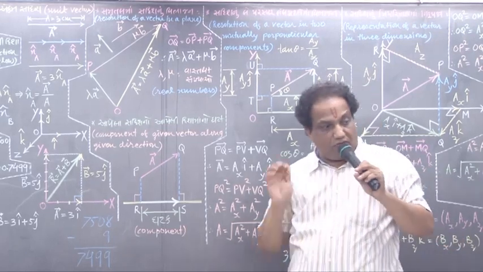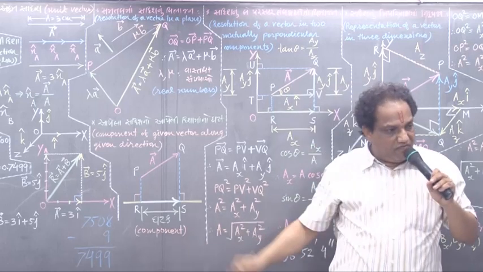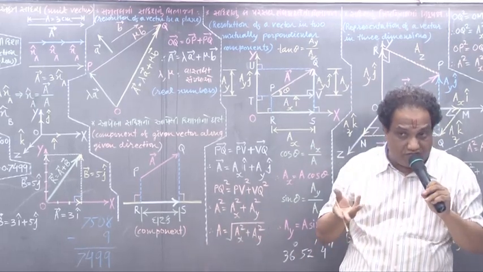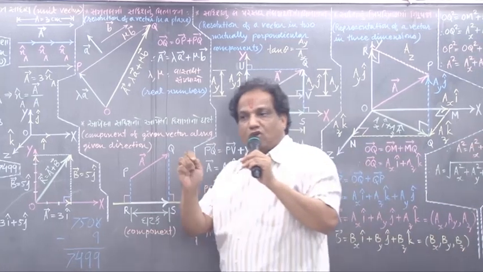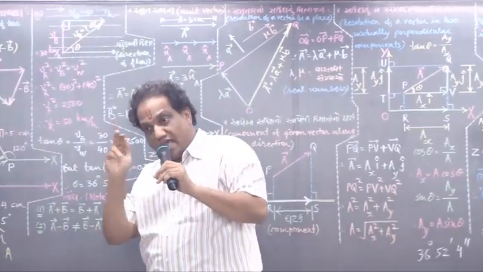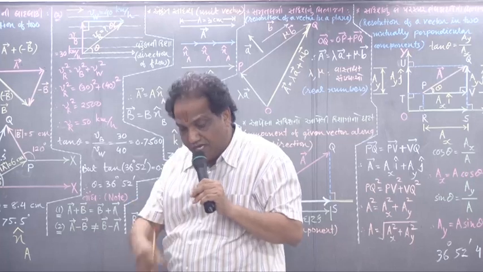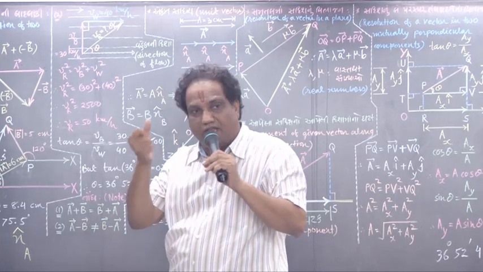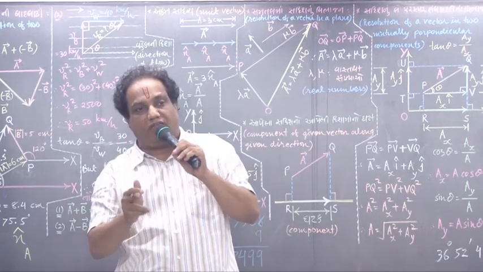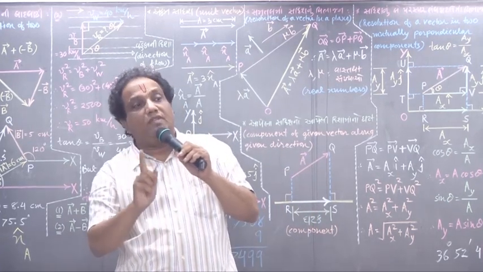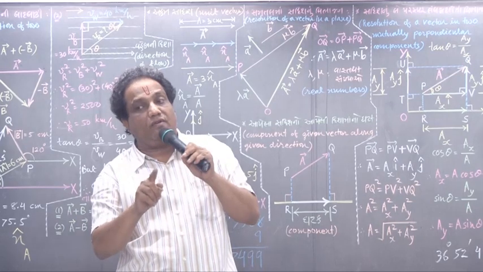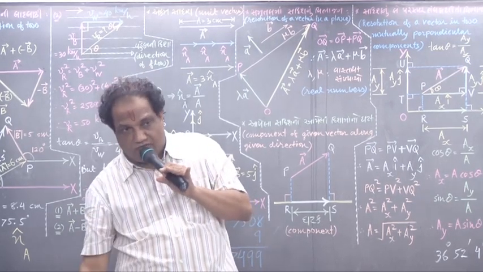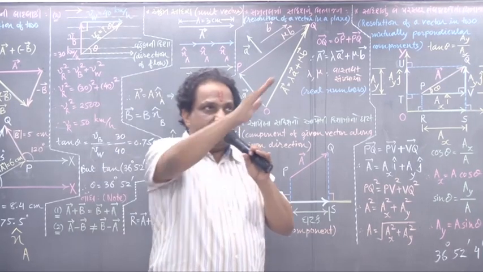Then you may have another question: why are we finding this component? What is the usefulness of finding the component of any given vector along any given direction? Remember, it gives you the effectiveness of that vector along that direction. For example, suppose you are exerting a force of 50 Newton in this direction.